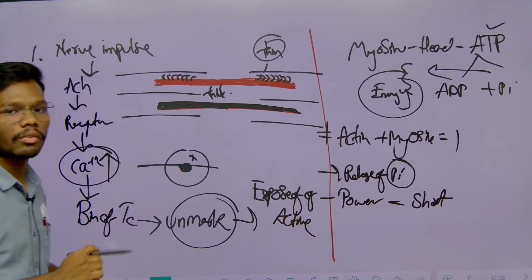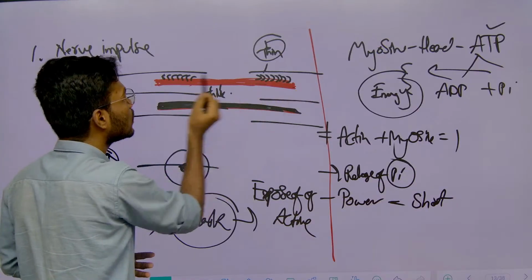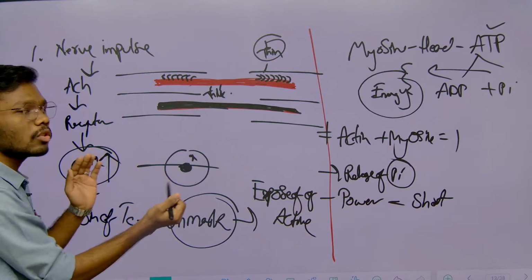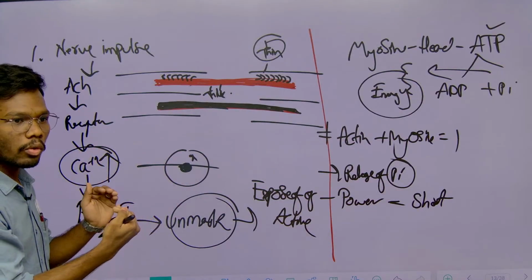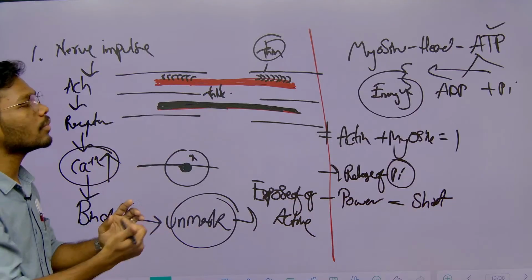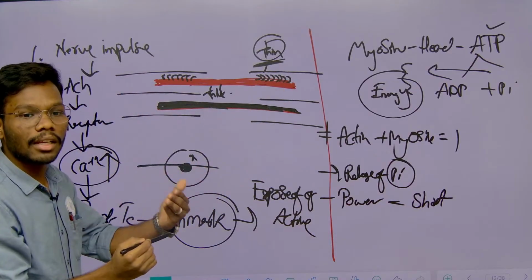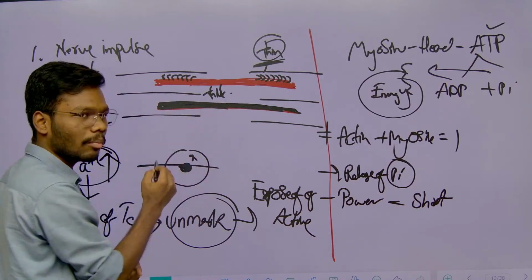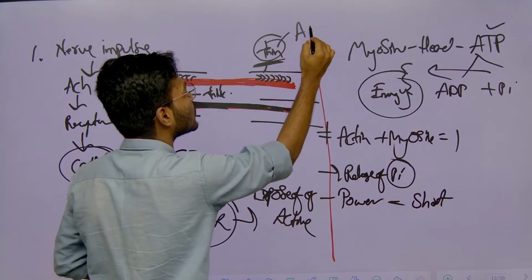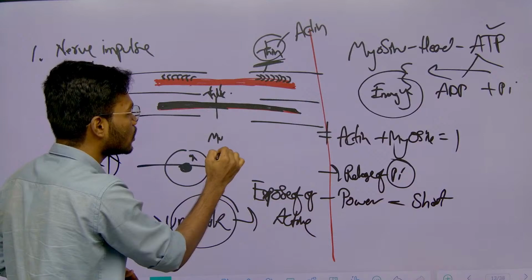This statement you have to remember. There is a sliding, moving, and all these are coming close together. This is called sliding. You should remember which filaments are sliding: thin filaments slide over thick filaments. Here the thin filaments are actin and the thick filaments are myosin.